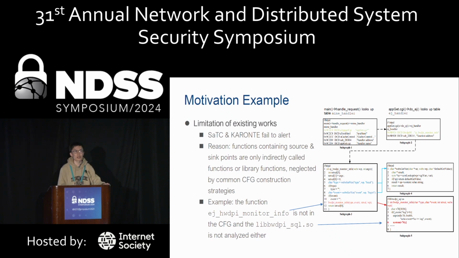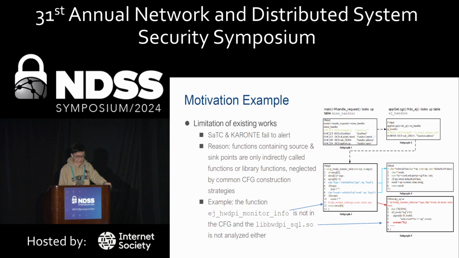In this example, source points in blue text are located in the left bottom function, but this function is only referenced by a two-layer function table and only indirectly invoked.